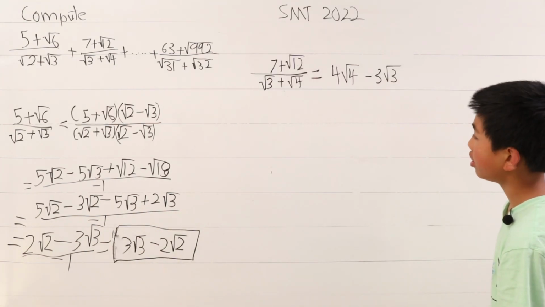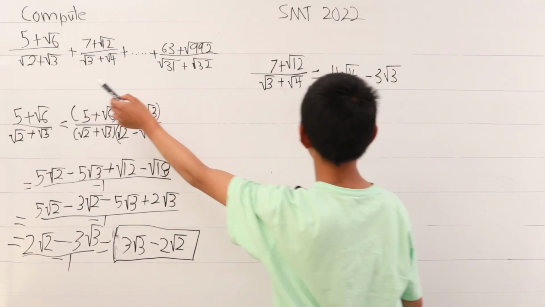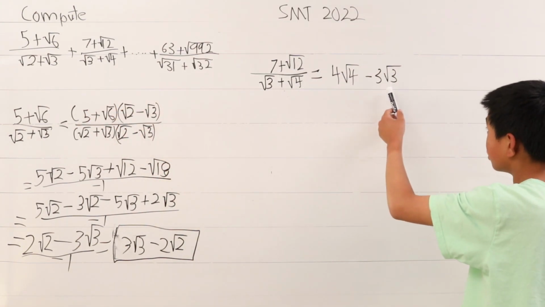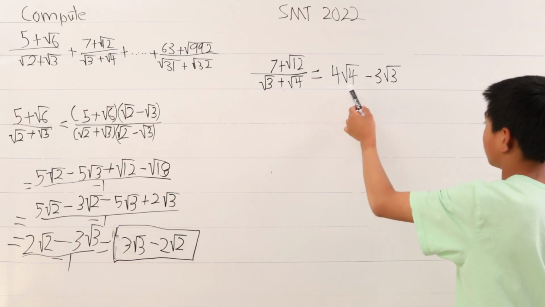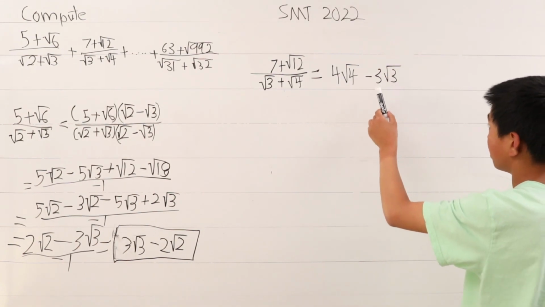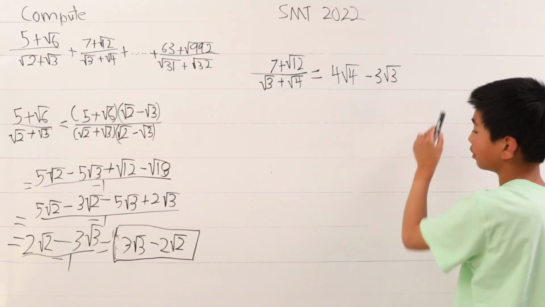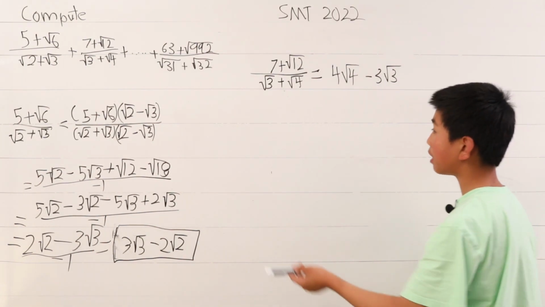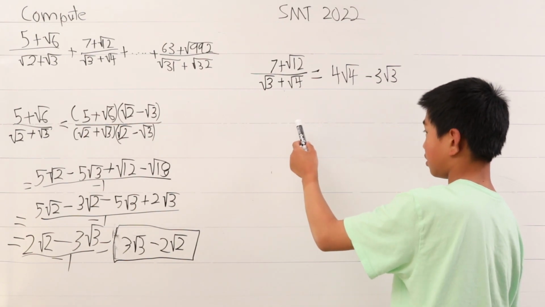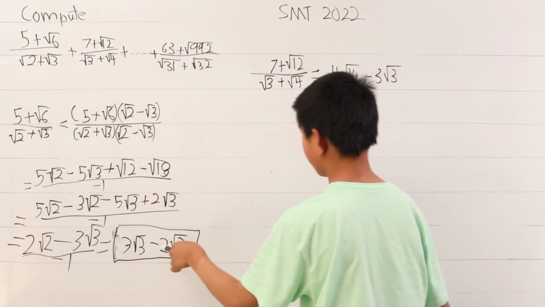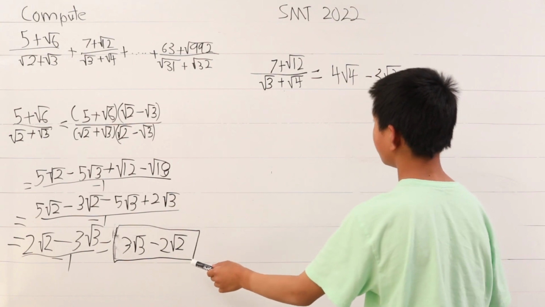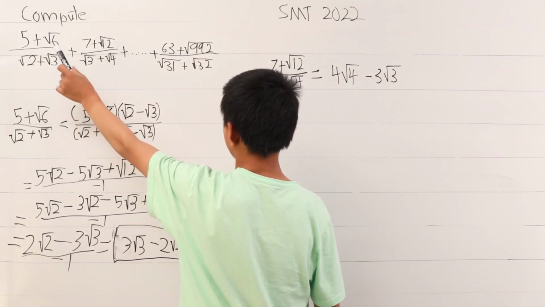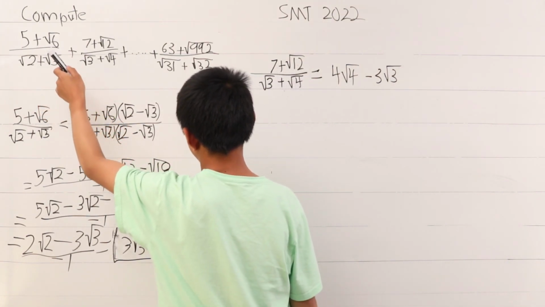So we use the strategy we used for the first term to solve the second term. This second term is 4 times the square root of 4 minus 3 times the square root of 3. Now, from these two terms, we can actually prove a pattern. We see that these numbers are 3 and 2, but in the original bottom, it's 2 and 3. That's the order.